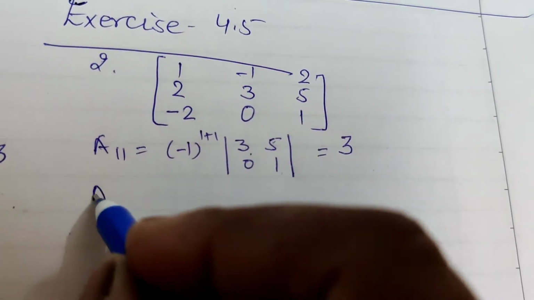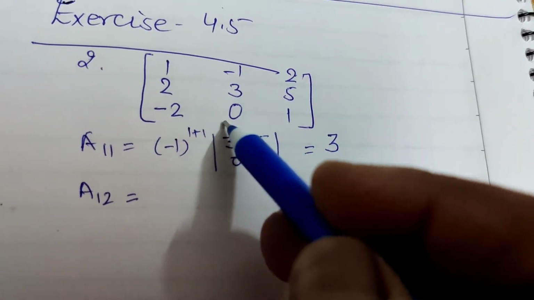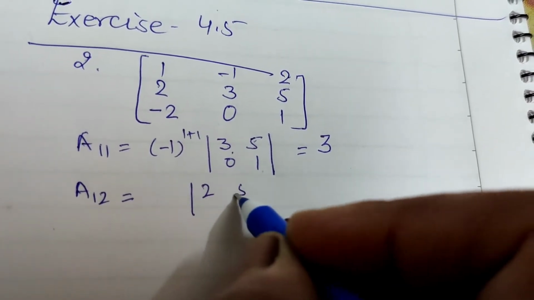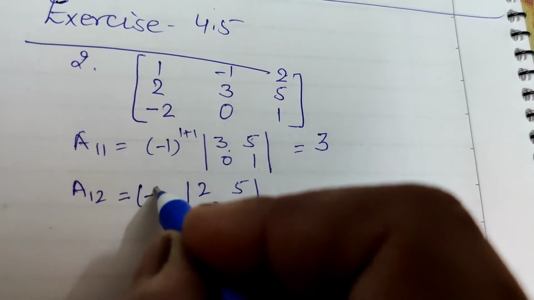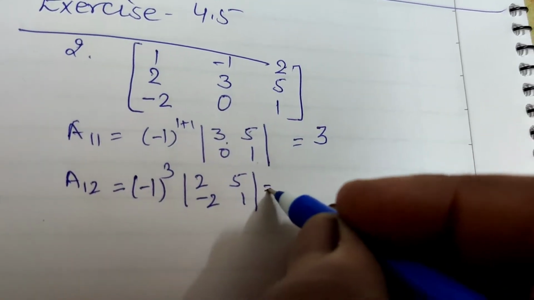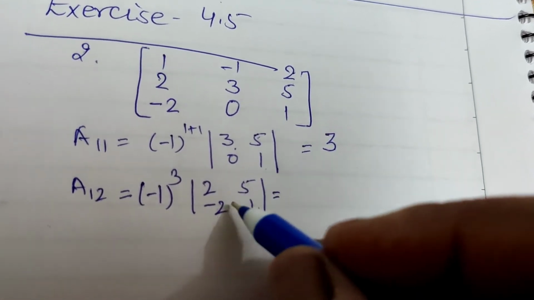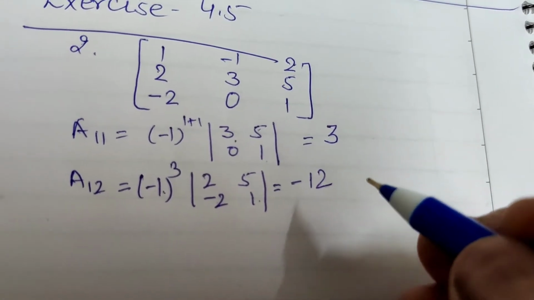Next, A12: first row, second column. The matrix is 2, 5, minus 2, 1, and minus 1 raised to power 1 plus 2, which is 3. It is 2 plus 10, 12, and with minus 1 it is minus 12.